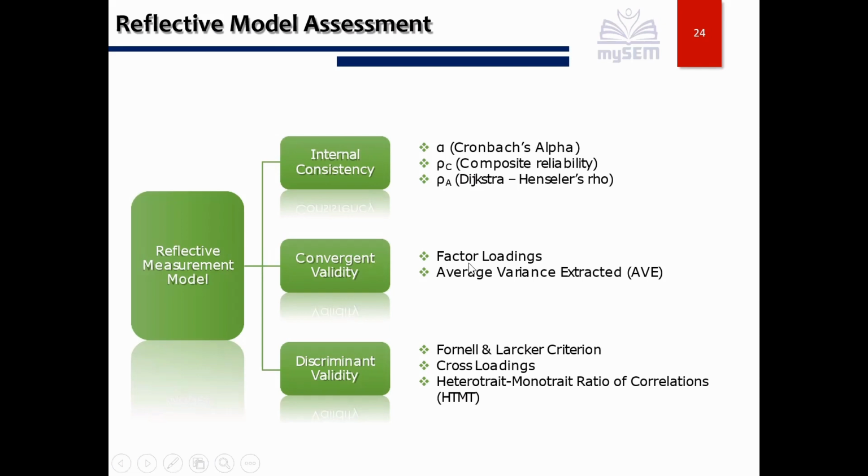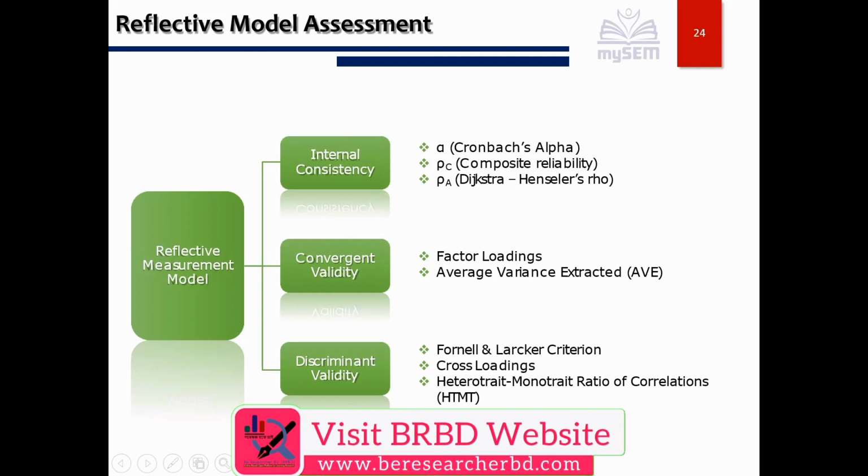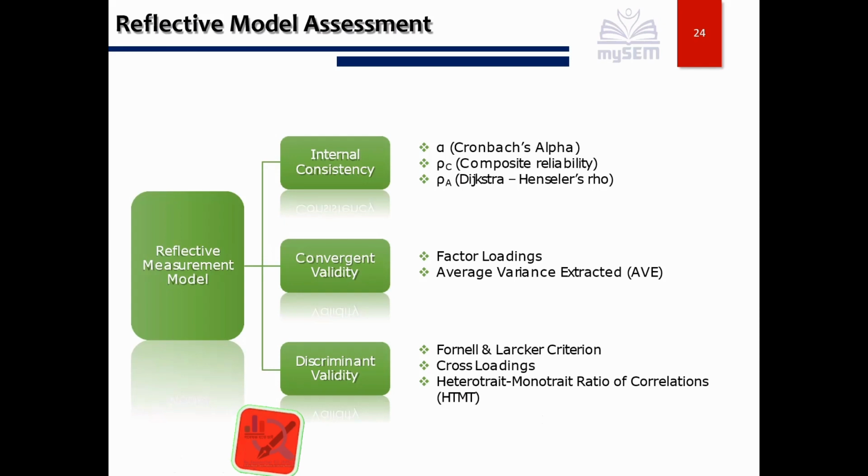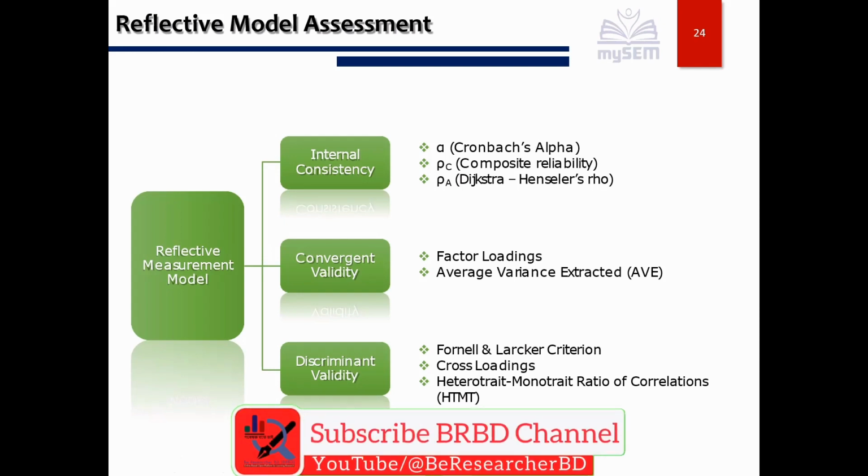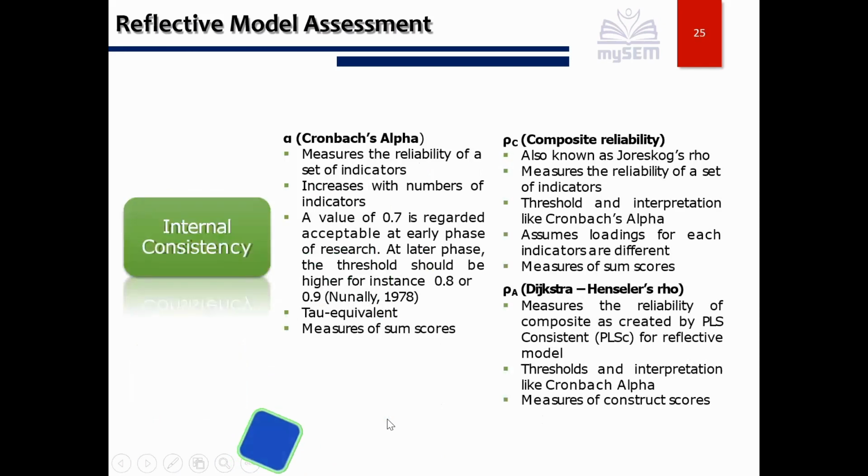In convergent validity, basically we have two criteria: we'll check the factor loading and also the AVE value. In discriminant validity, we will check the Fornell and Larcker criterion and HTMT ratio. I told in the first slide how to measure that.